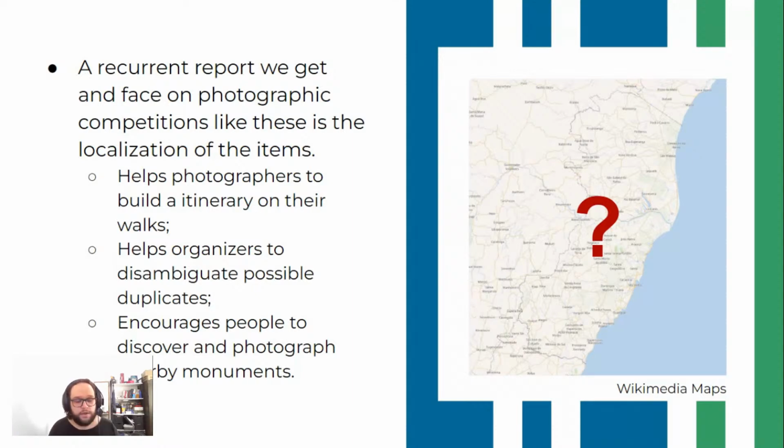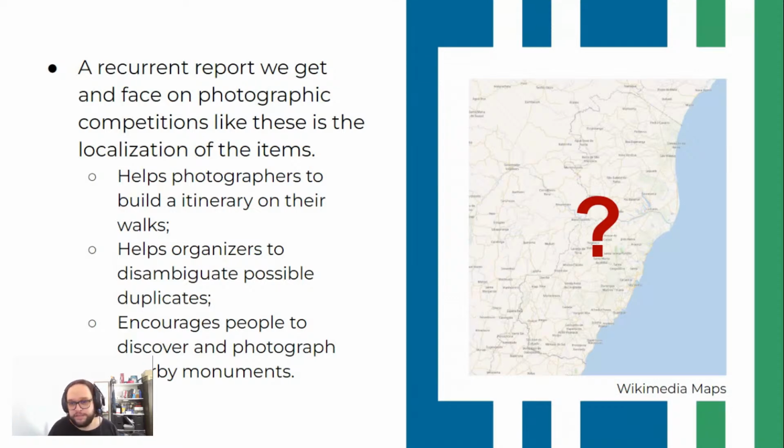So we need to investigate that and fix it. So this is a job of the organizers and volunteers that work on merging and fixing duplicates on Wikidata. And it also encourages people to discover and photograph nearby monuments.